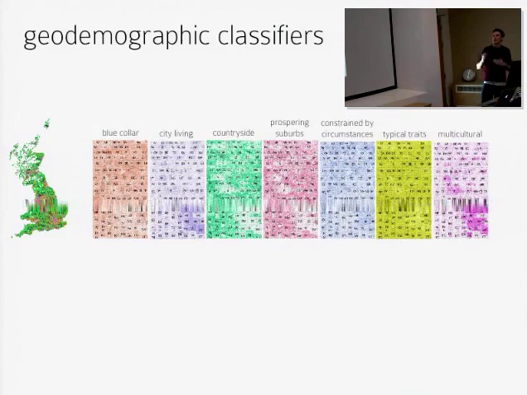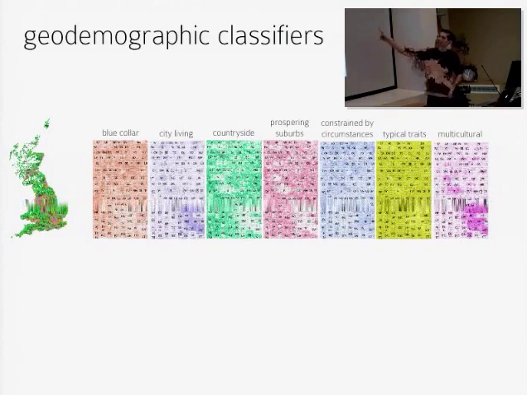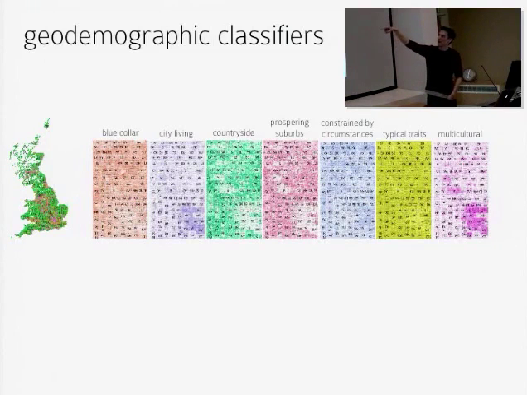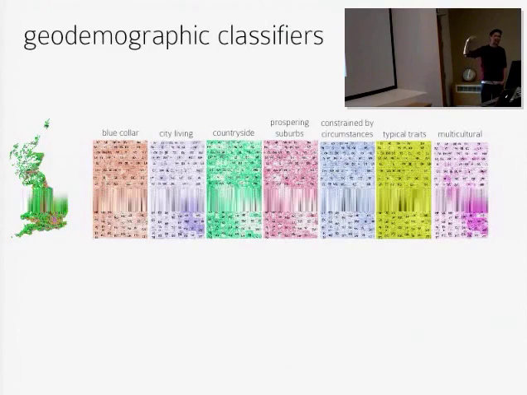It is basically the average outcome across all of these variables that this clustering is based on. So this is saying that most areas, irrespective of where they are in the UK, are like this typical traits classification.